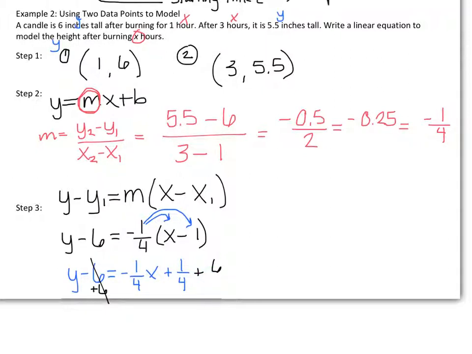So I'll put a 4 underneath the 6. What does that mean happens to the top? It gets multiplied by 4, so now it's 24. 24/4 is the same thing as 6. Now combine them, and we'll get y equals negative 1/4 x plus 25/4.